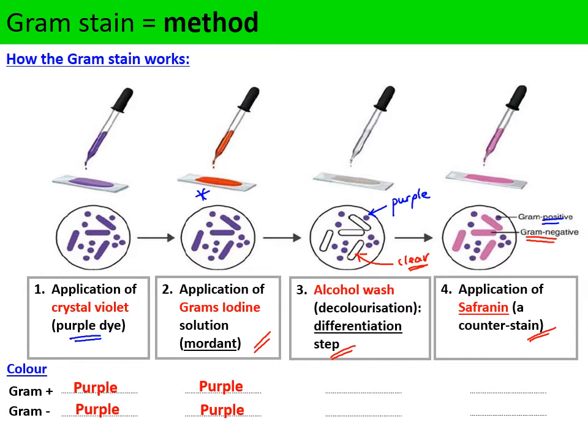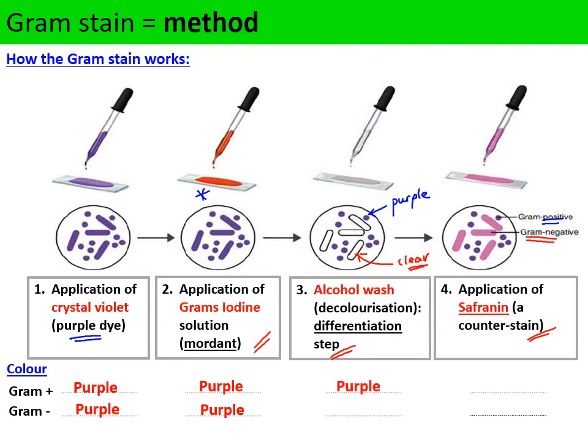However, the loosely bound crystal violet on the outside of the lipopolysaccharide membrane is not covalently bonded. So we still see them as purple at this stage, but in the next step that's going to be washed away because it's not covalently bonded to any peptidoglycan. So the third step, the alcohol wash, this is the differentiation step, and this is where we see the first difference.